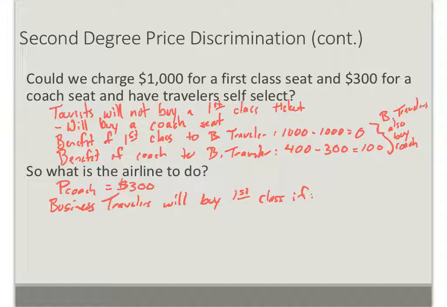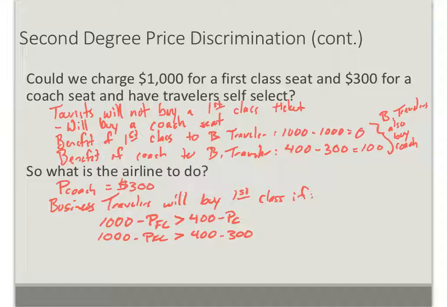We need the benefit that they get from first class, which is $1,000 minus price first class, to be greater than $400, which is their value of a coach seat, minus price coach. Well, we just said we're going to charge $300 for a coach seat, so we need $1,000 minus price first class to be greater than $400 minus $300.